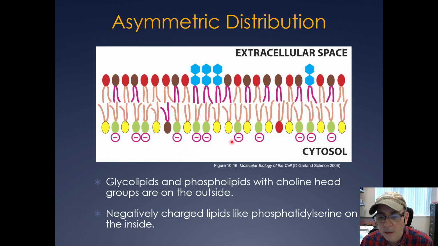We've also seen other ones like phosphatidylinositol when we covered cell signaling, and we'll see that coming up in the next slide too. So in general, there's this asymmetric distribution. It's not only a compartmental distribution, where different compartments have different lipids, but the leaflets themselves will have a different composition.